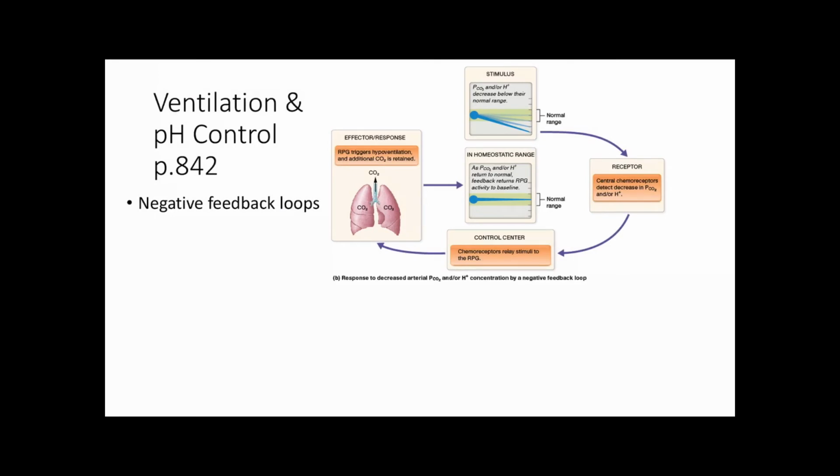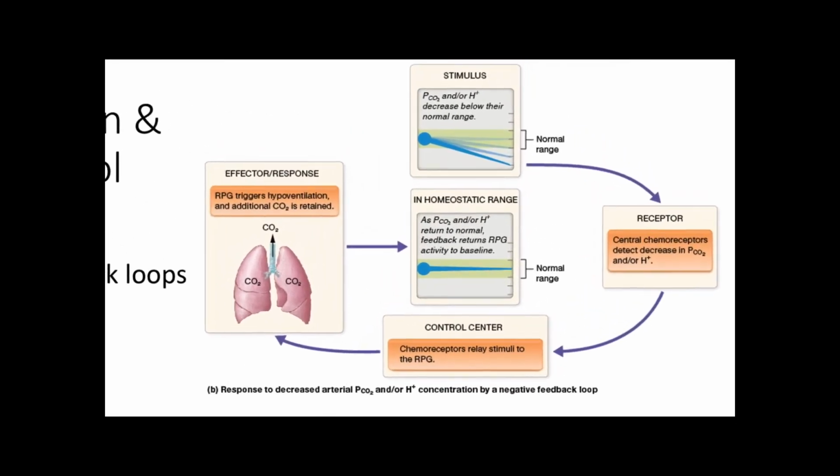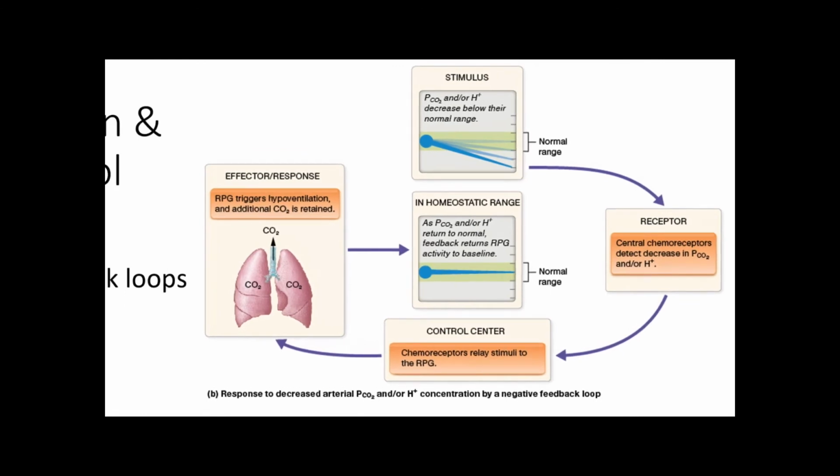All right, so let's take a look at the opposite situation here. Again, we have a negative feedback loop, except for this situation, we have decreasing levels of PCO2. When levels of CO2 go down, there's not as much acid being made.